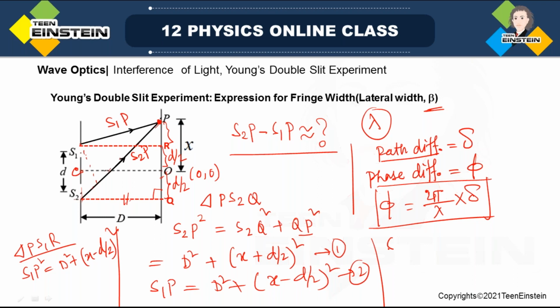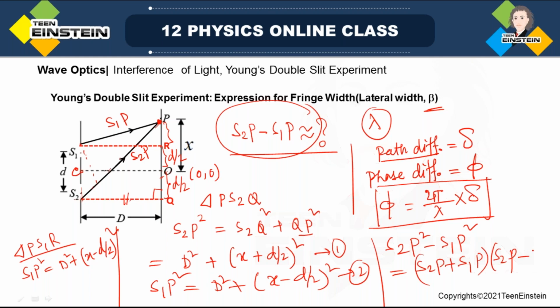Now look, I have to find out S2P minus S1P, not the squares; this is in terms of squares. So S2P square minus S1P square, how do you get? You can write S2P plus S1P into S2P minus S1P. Okay, this I can write.